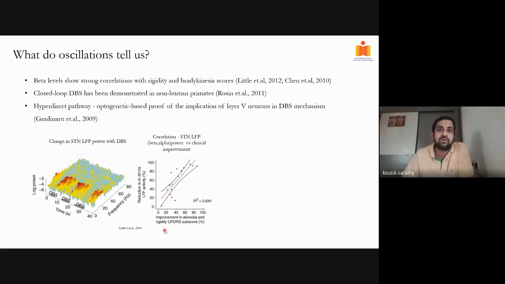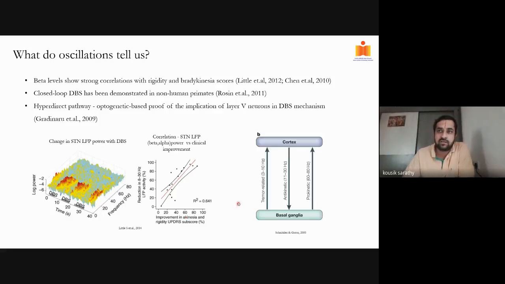They also could show that whenever there was a reduction in the beta power, there was an improvement in akinesia, which means the symptoms subside when the beta power decreases. So there seems to be some link between the behavior and the oscillations. These behavioral links have also been found in other oscillatory dynamics. We know now that gamma oscillations, anywhere above 40 hertz, seem to be prokinetic.